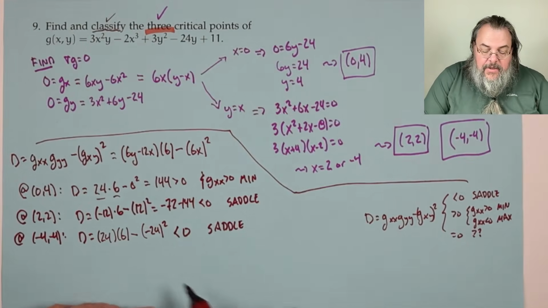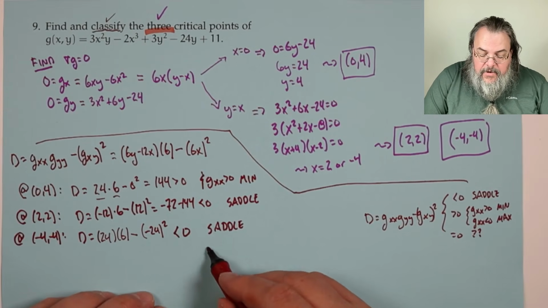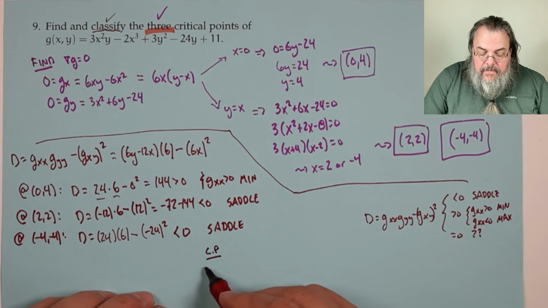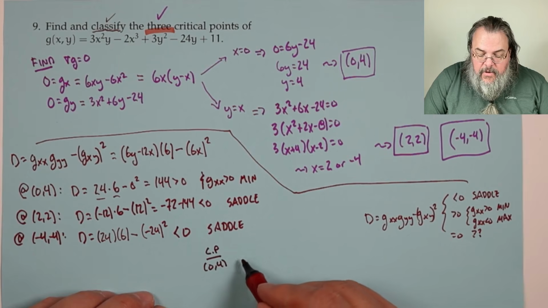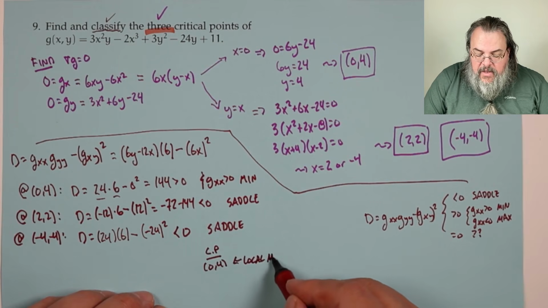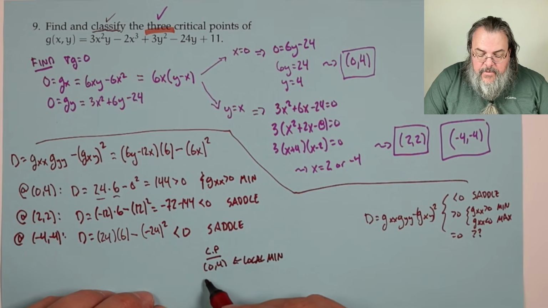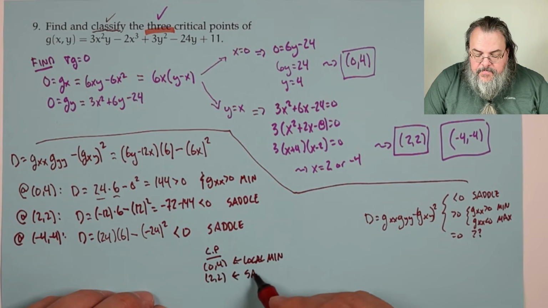So let's put it all together. And so we have our critical points. We have, make a list, 0, 4, which we can say local min. We can just say min. We have 2, 2, which is a saddle. And we have negative 4, negative 4, which is also a saddle.